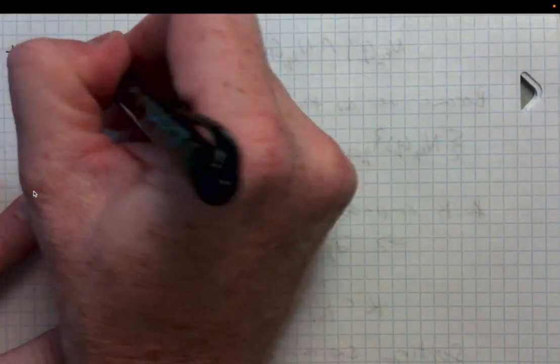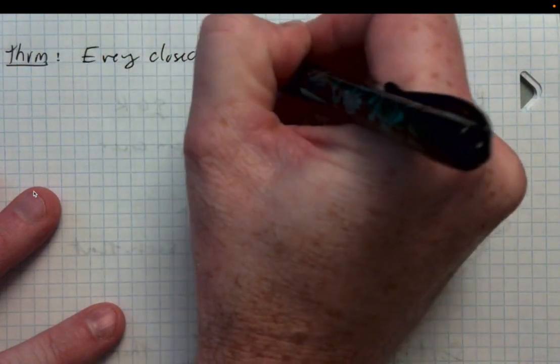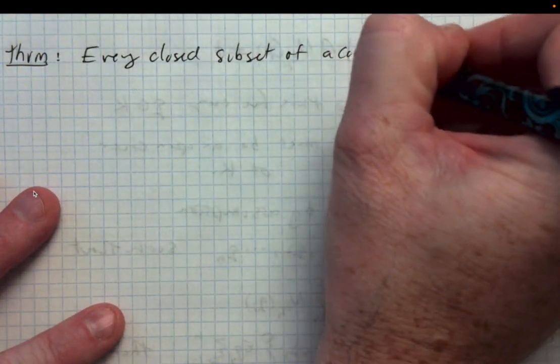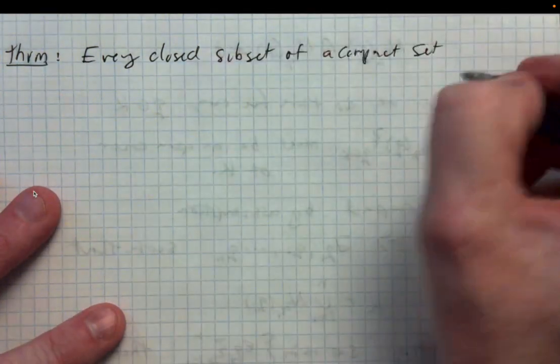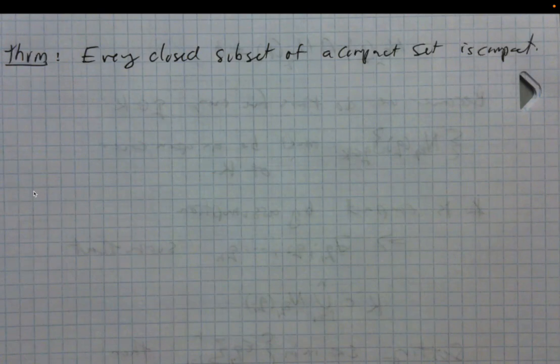Next up, the next logical theorem to look at is the following. It says that every closed subset of a compact set is compact. So if I have some compact set, I identify a closed subset of that compact set, it also is closed.